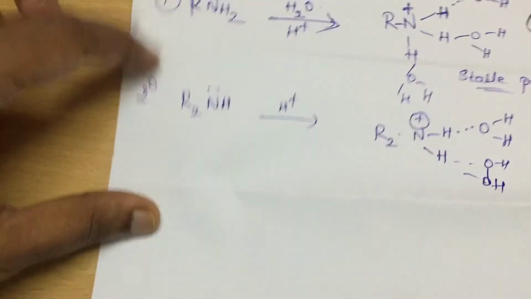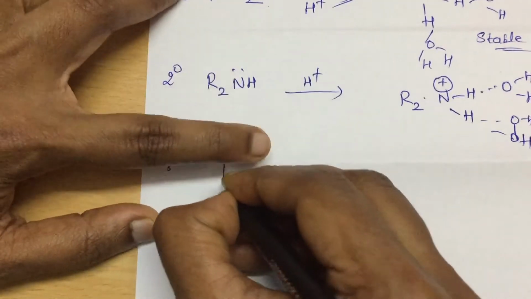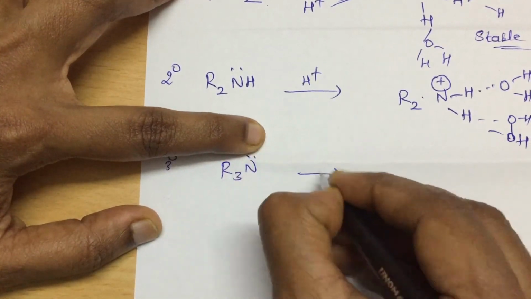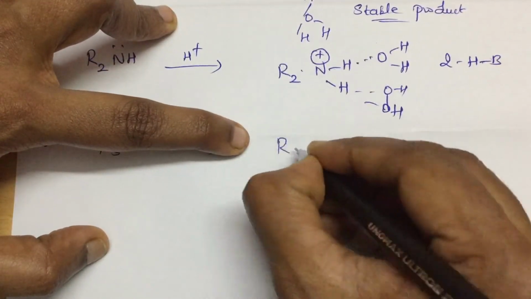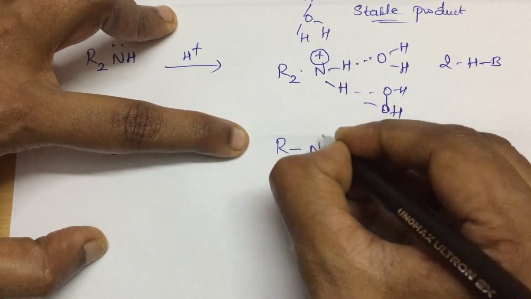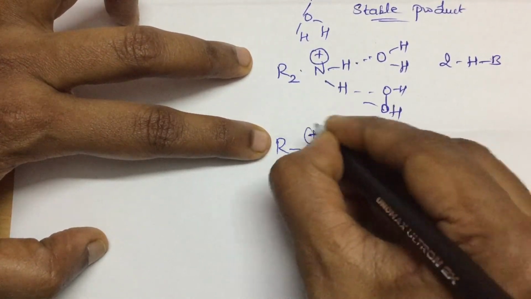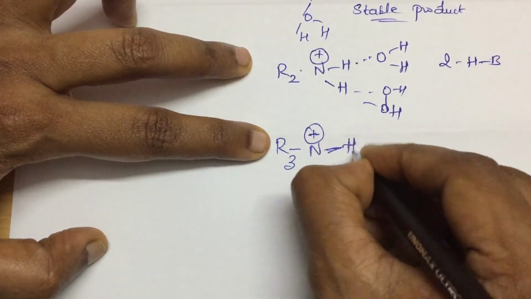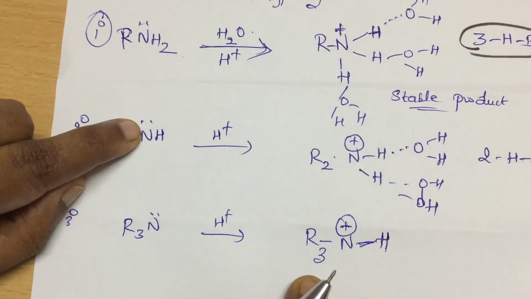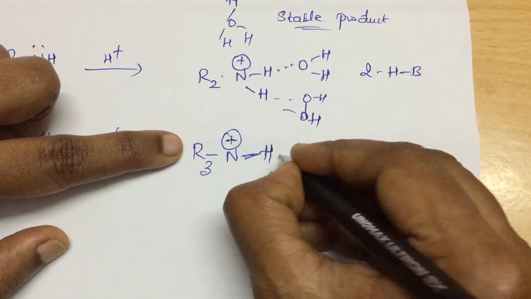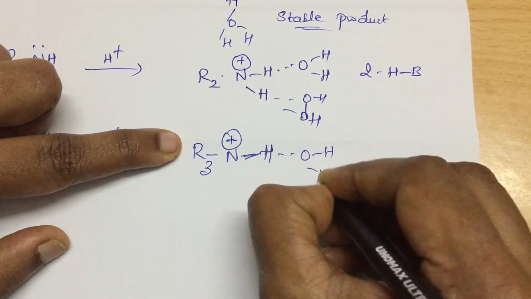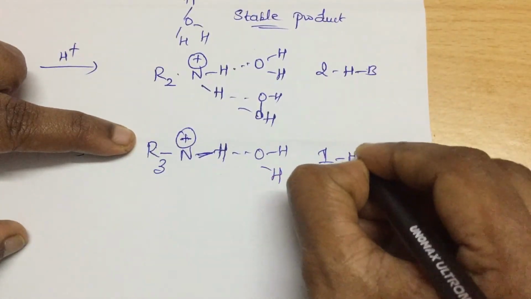And in tertiary amine, what happens? It gets protonated, R3, and it gets a positive charge. You know why it gets a positive charge? It has donated its lone pair, that's why. So it forms only one hydrogen bond.